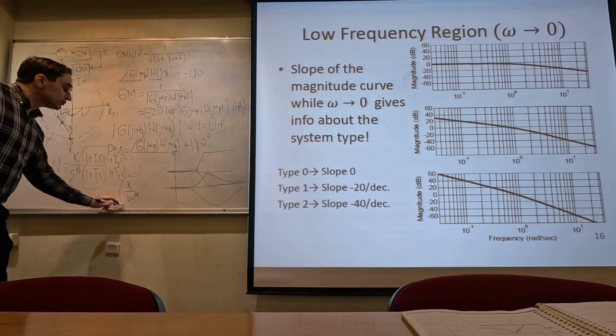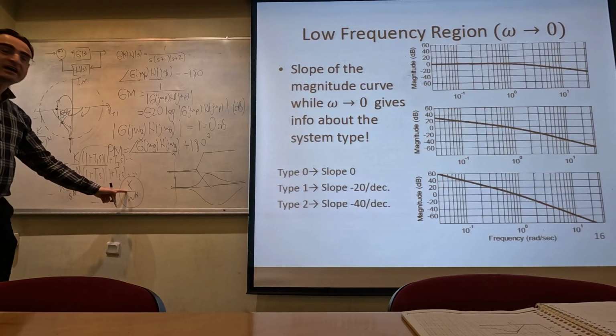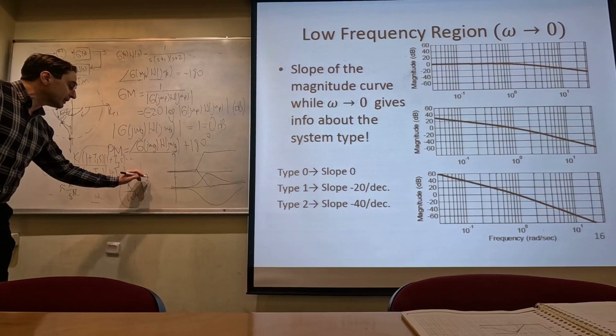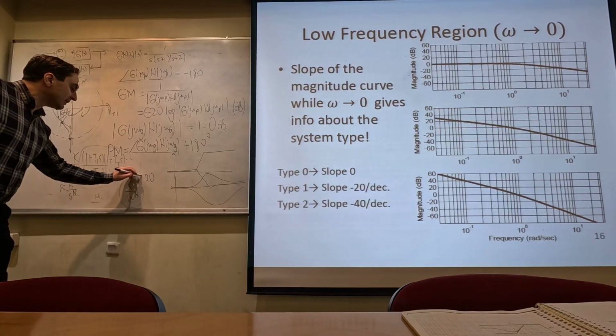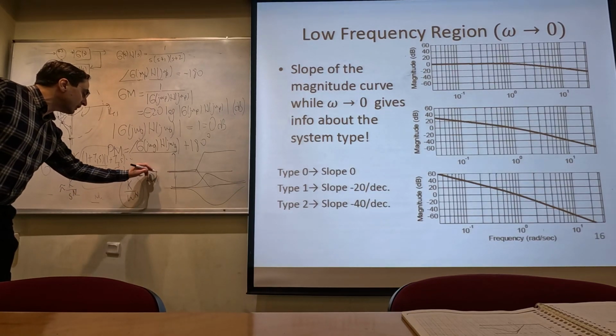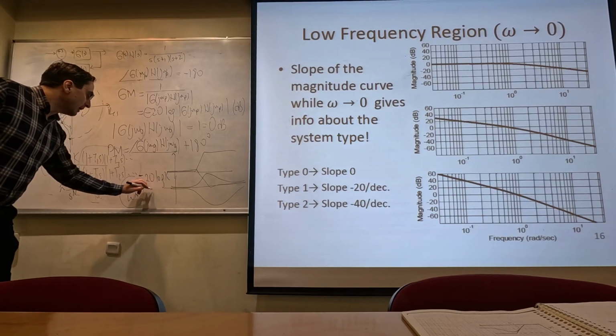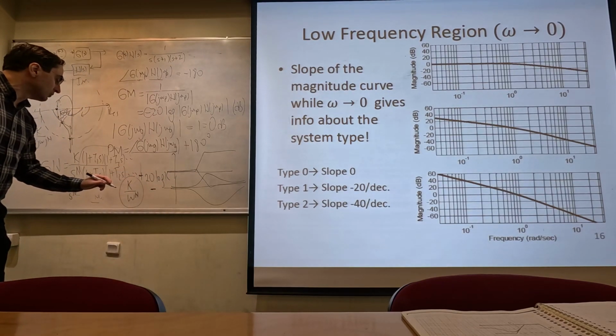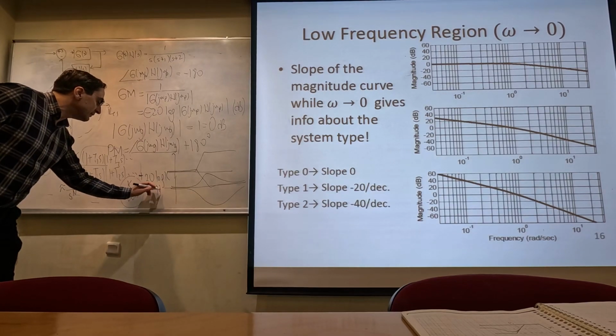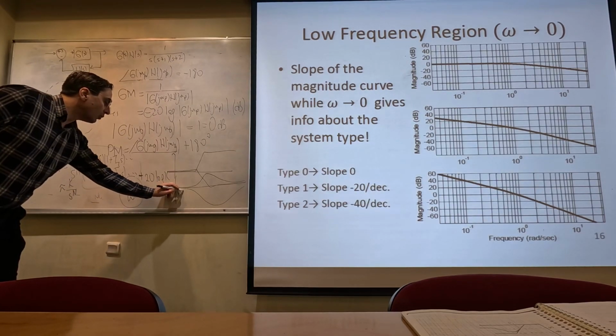So here k over omega to the n. If I look at the dB magnitude, I would have 20 log k minus n times 20 log omega.